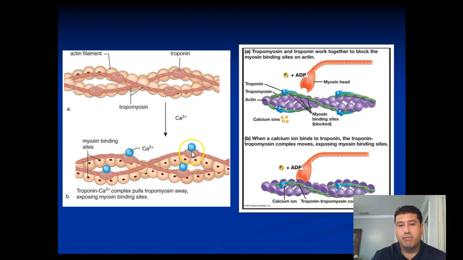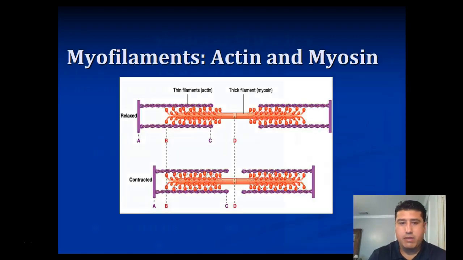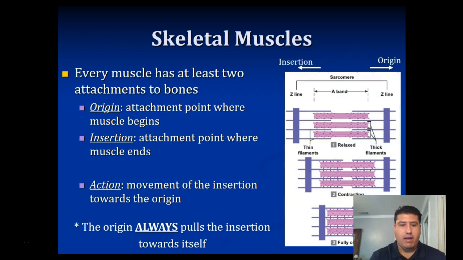Whenever the calcium binds to tropomyosin, it shifts tropomyosin off of the actin binding sites. Now these actin binding sites are exposed to myosin, so myosin can now attach to actin, which causes the muscle to contract.